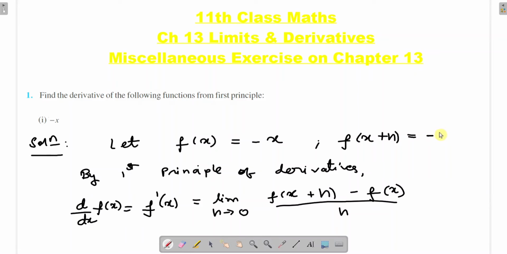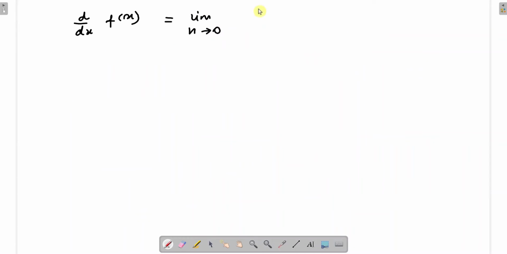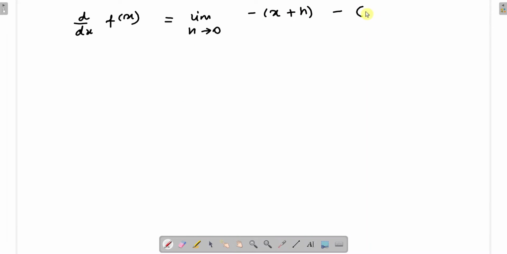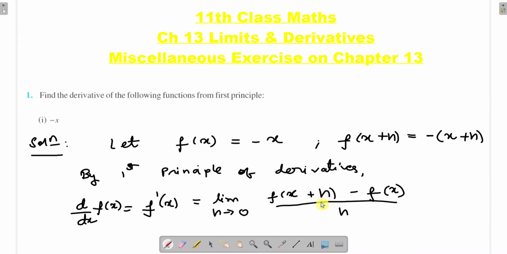But be careful here, you have to put a bracket, since there are two terms and you have a minus sign. Please be careful there. So we'll get here minus (x plus h) and minus of f(x). Again you can see the function is minus x, so the minus sign is there, so you have to put a bracket. And then divided by h here.